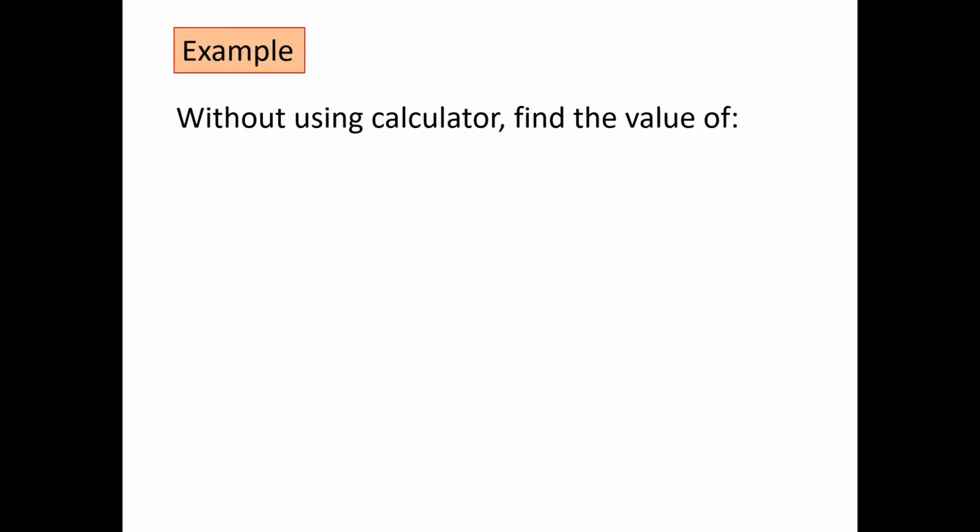Next example. Without using a calculator, find the value of log 27 base 3. The way to do this is by writing log 27 base 3, and let's say the value is equal to x. We want to find the value of x.